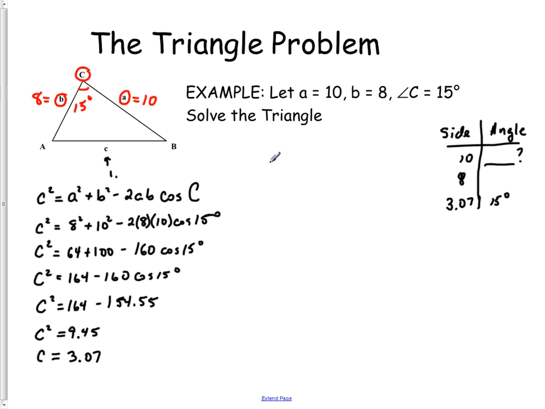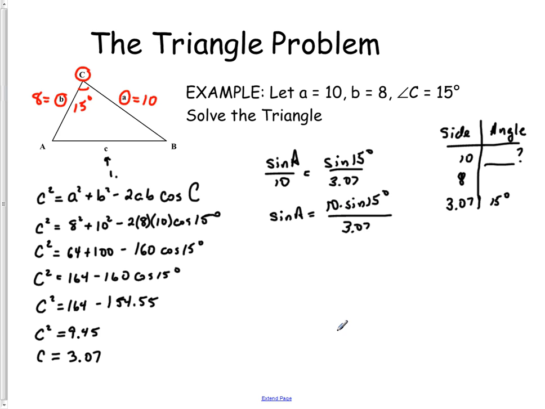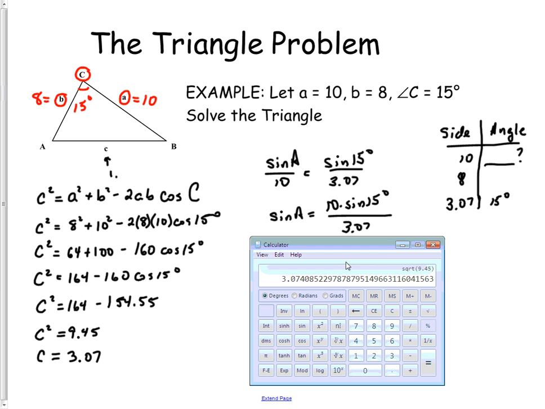And so in this case, I'm going to set it up so that the sine of angle A, which is the largest angle here, divided by the length of its opposite side would be equal to the sine of the angle that we do know, that's 15 degrees, divided by the length of its opposite side. So, isolating sine of A, sine of A will equal 10 times the sine of 15 degrees divided by 3.07.